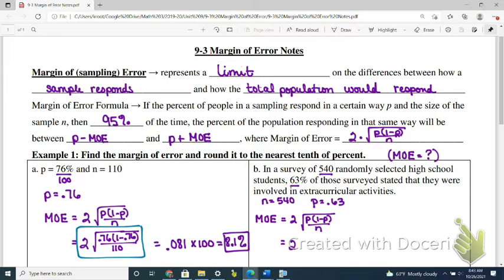It's the only way you're going to memorize it. 2 times the square root of 0.63 times 1 minus 0.63 all over 540. So you should get 0.042. And again, I multiply that by 100 to get 4.2%.